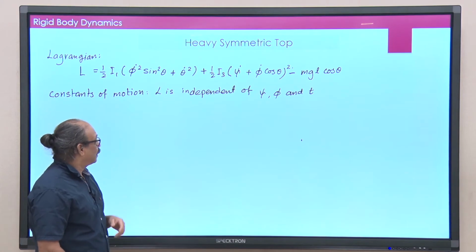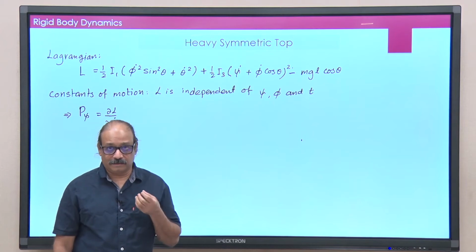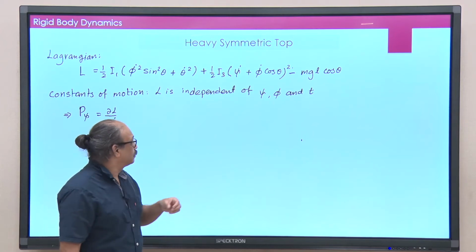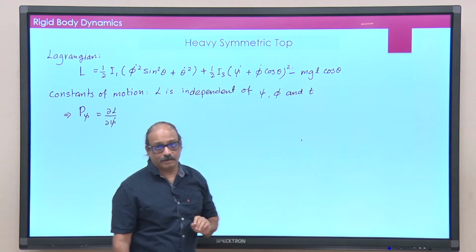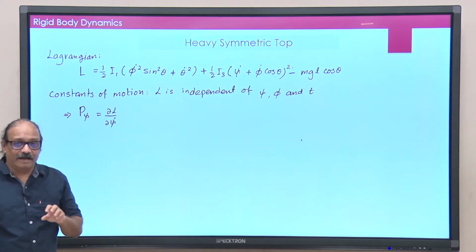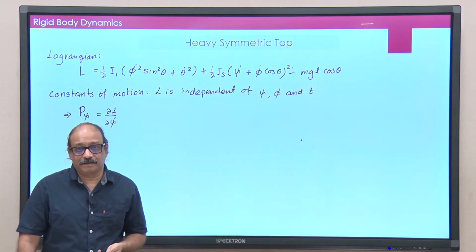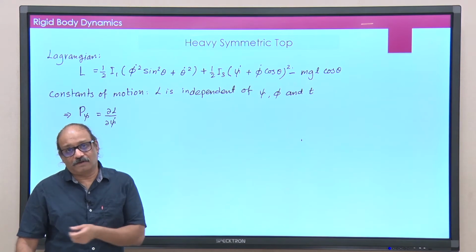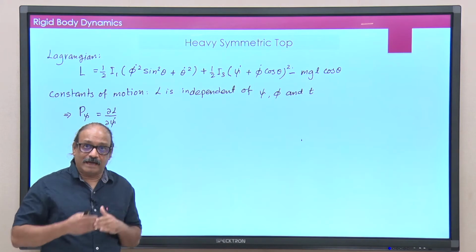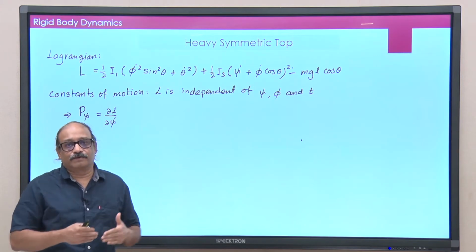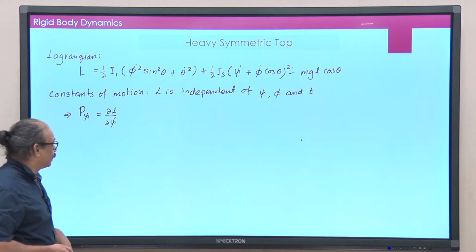Okay. So, I have 3 constants of motion there, one generalized momentum corresponding to psi, then one for phi, and then energy. Okay. So, in some sense I have already done 3 integrals, 3 first integrals have been obtained. Now, I only have to solve first order differential equations. If you had written Lagrange's equations, you would of course come to a point where you have second order differential equations, but we do not have to really go there.